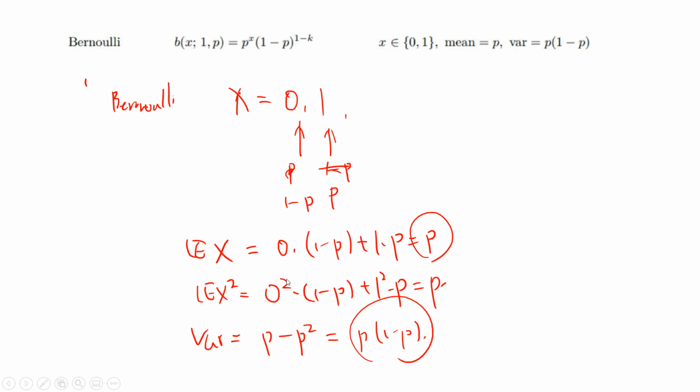E[X squared] is the same, just 0 squared and 1 squared, so it's still p. So the variance is p minus p squared, which is p(1 minus p), the same as this one. Okay, a trivial guy.